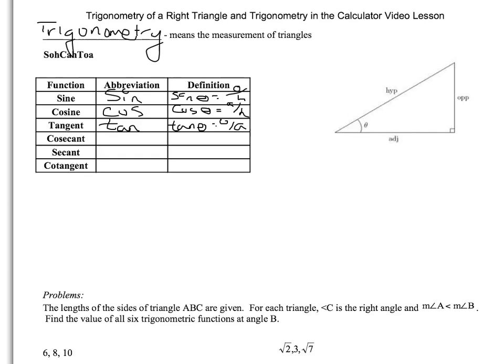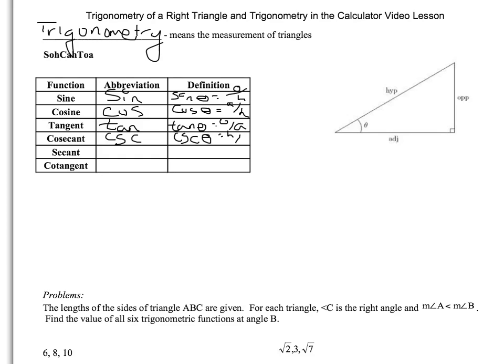Now these other 3 are reciprocals of sine, cos, and tangent. Cosecant is the reciprocal of sine. The abbreviation for cosecant is C-S-C. Now if I told you they're reciprocals, what ends up happening is that you need to flip the fraction.